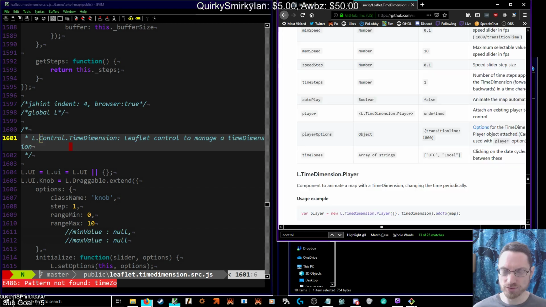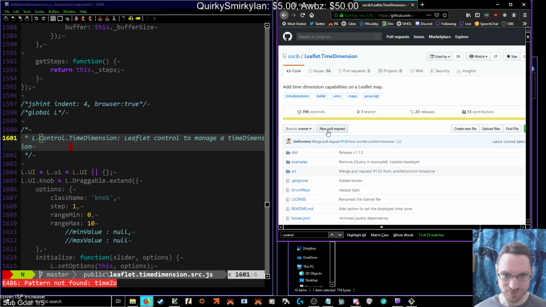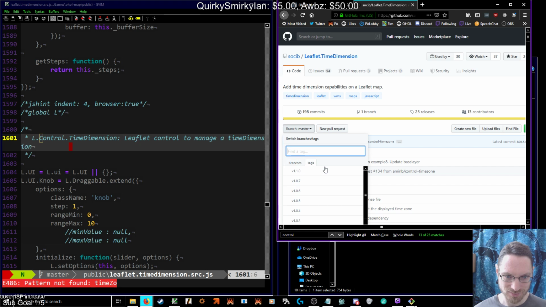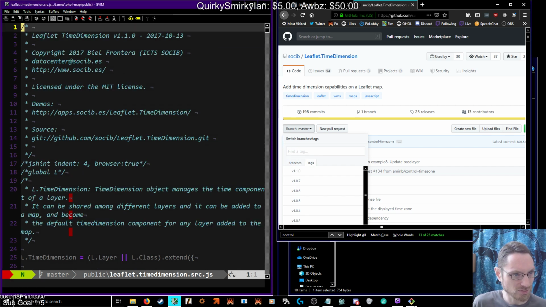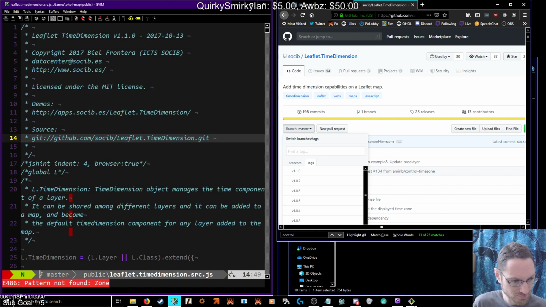Is this a different version? 1.10. Yeah, it does.